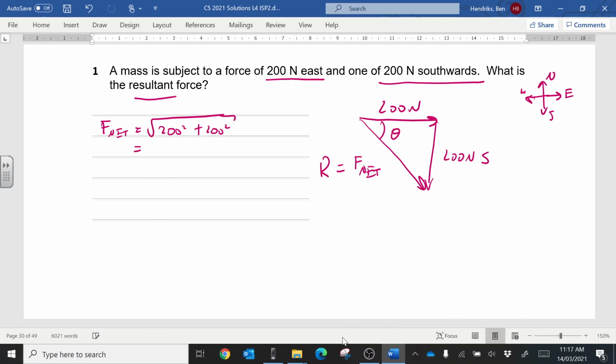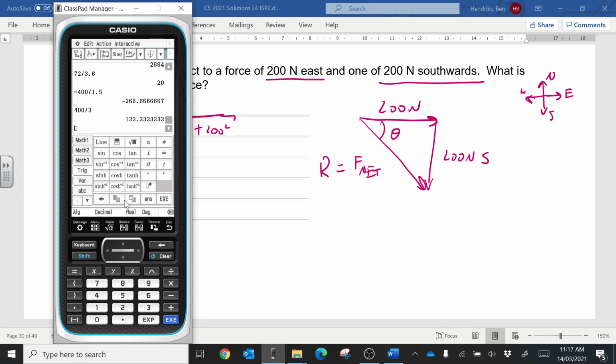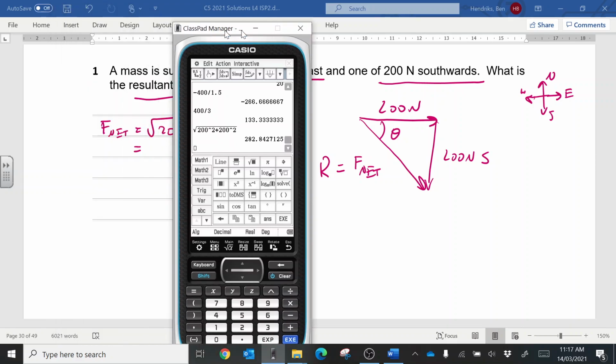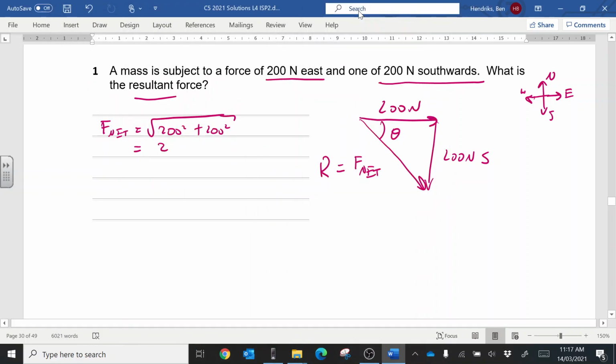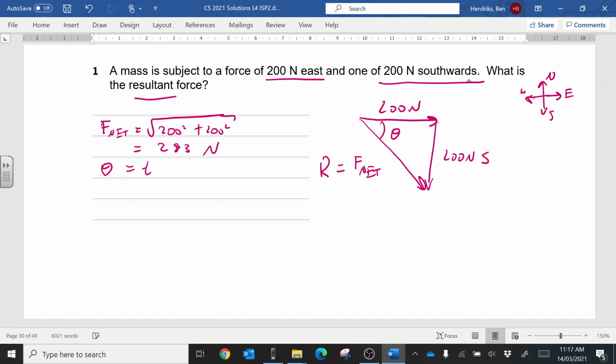Then we put that into our calculator. 200 squared plus 200 squared, square rooted, is equal to 282, or 283 rounded to 3 significant figures, and that is in newtons. And then our angle theta is equal to tan to the minus 1 of 200 over 200.